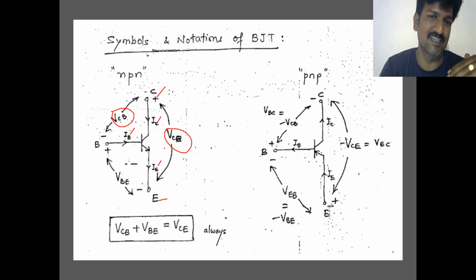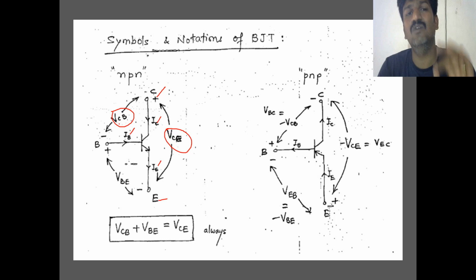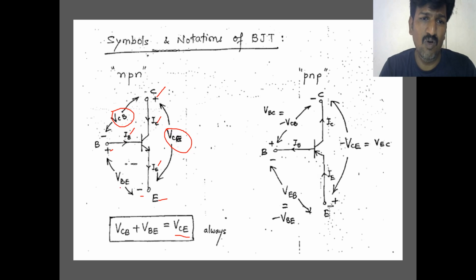The suffix that comes first has the positive polarity, and the suffix that comes next has the negative polarity for measuring voltages. Like VBE: here base is positive polarity and emitter is negative polarity. Remember VCE is the collector to emitter voltage. It is always equal to VCB plus VBE.